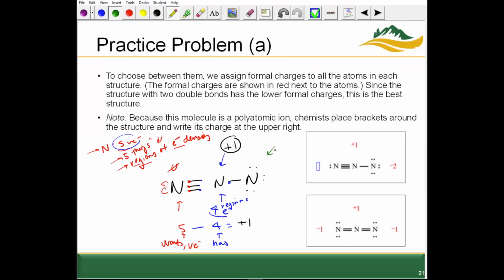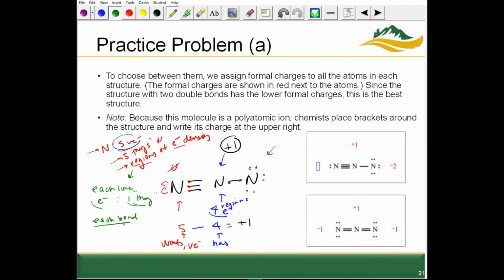Let's try it with this one. So we have 1, 2, 3, 4, 5, 6, 7. For the, quote, regions of electron density, or the, quote, things around that atom, each lone electron counts as 1 thing. And thing is not a great way to say it, it's just for a lack of a better term here. So each lone electron results in 1 thing.